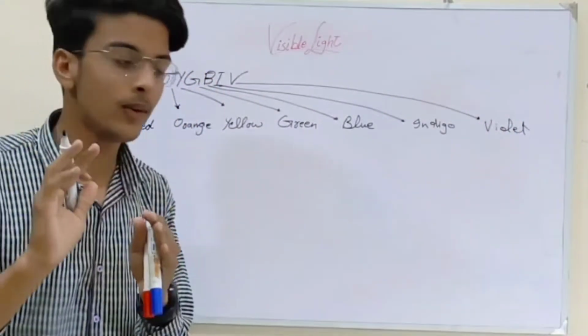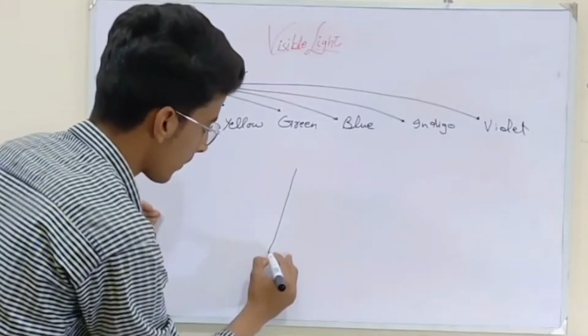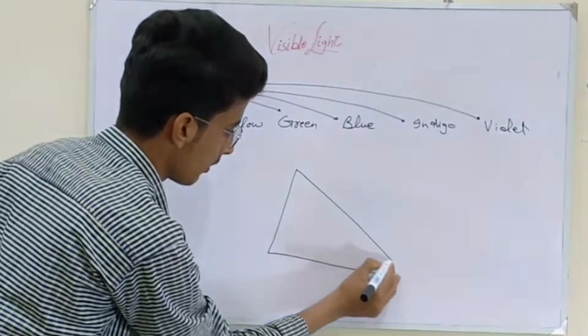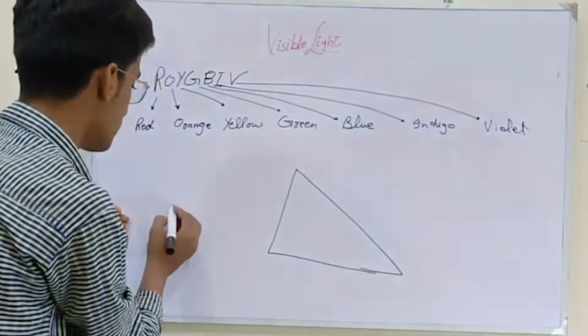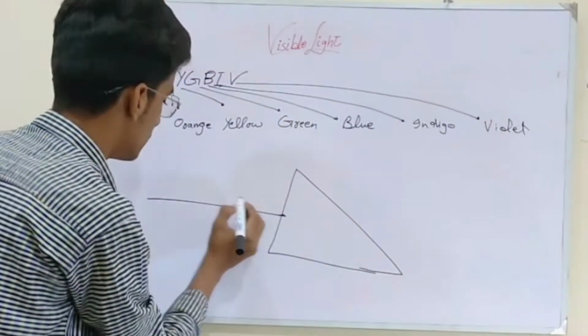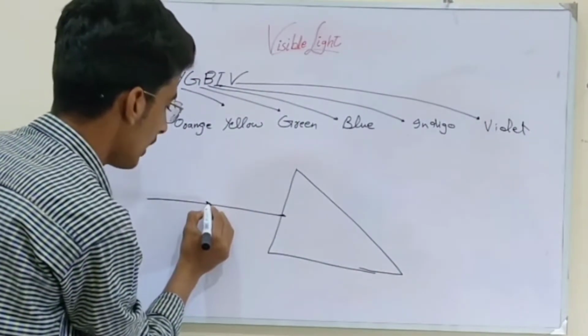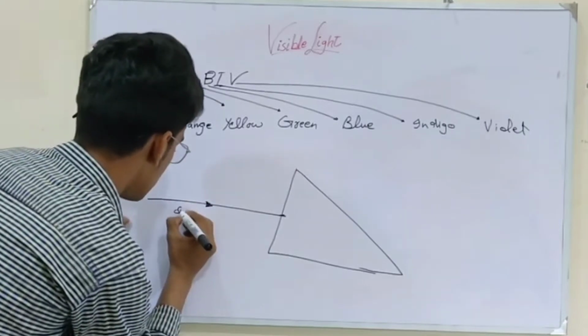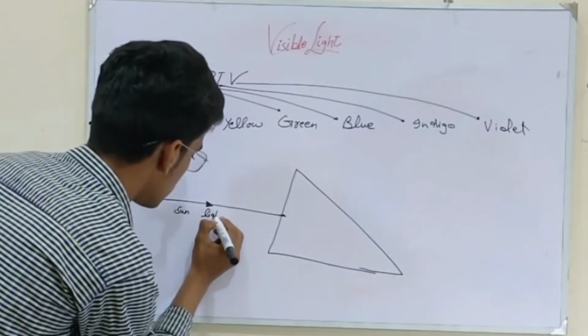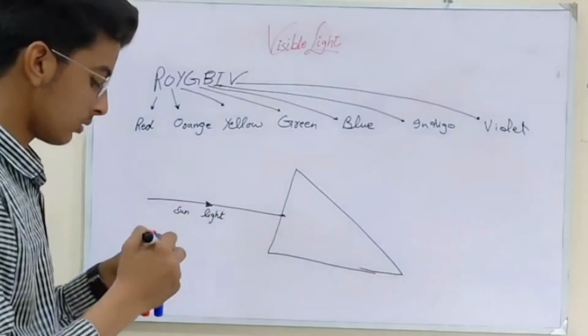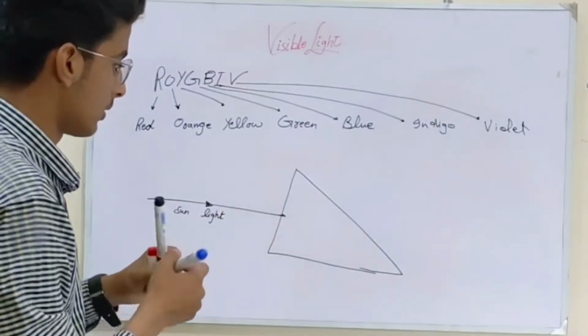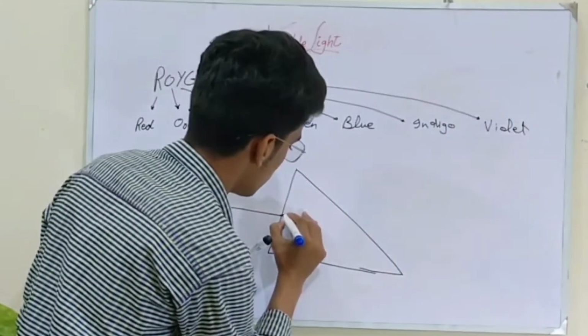How to see these seven lights? Take a prism in triangle shape. Take a prism and incident the visible light, or the sunlight, on this. You will see the seven colors on the other side.